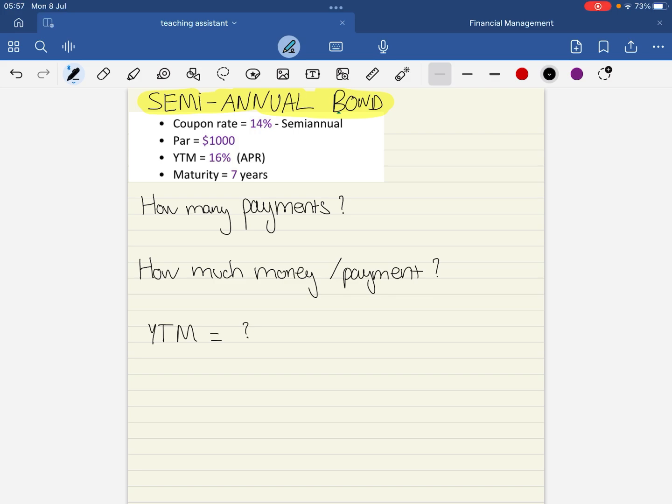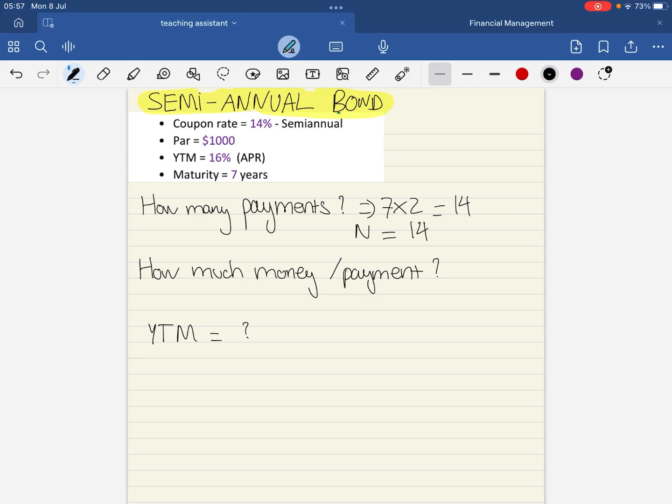So how are we going to tackle this problem? First of all, how many payments are there? The maturity is 7 years, but because it's paid semi-annually, in total there have to be 7 times 2 equals 14 payments. So N, the number of periods, will also be equal to 14 instead of 7.